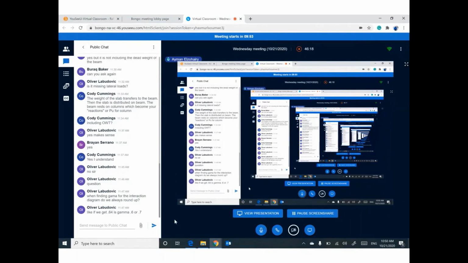That's fine, because we don't have an interaction diagram available for anything in between.